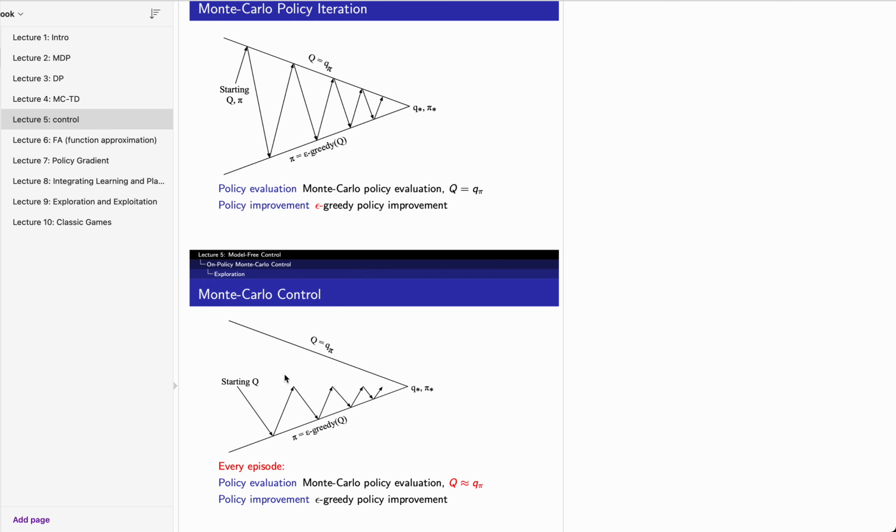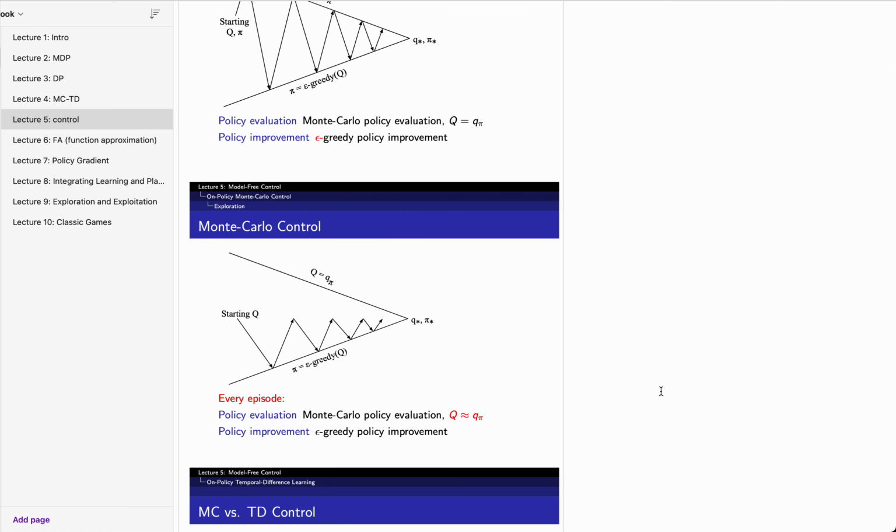Remember the graphs that explain full backup and sample backup. Because we're doing sampling, we're not using DP to do a full backup, and that's why these lines are not going all the way down and all the way to the top and all the way down, because we're only sampling. But because of the contraction mapping theorem, even though we're sampling, we're still able to reach the optimum. That's what this slide is trying to explain.